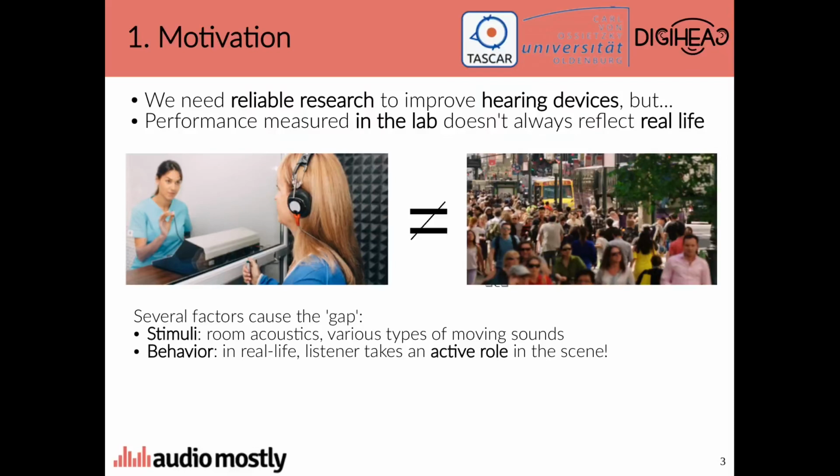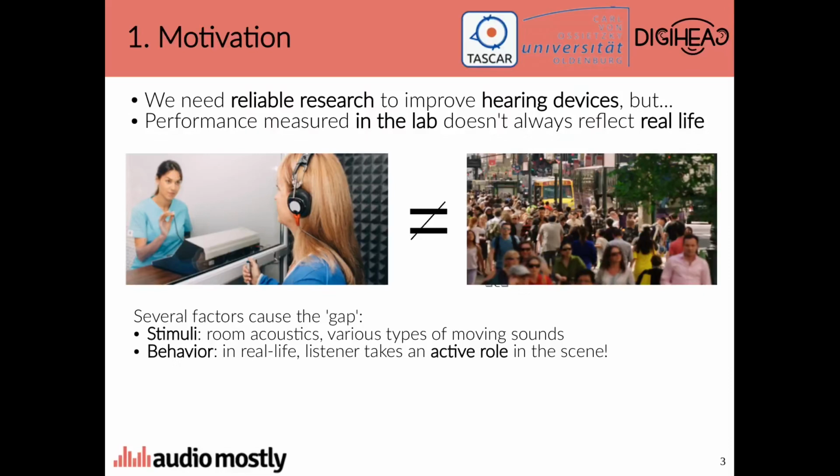So here in these two pictures you can already intuitively see the difference. The results that we obtain in this environment on the left side, in a sound booth, in a cabin, will be very different than how the hearing aid or a different hearing device will work in a busy street.